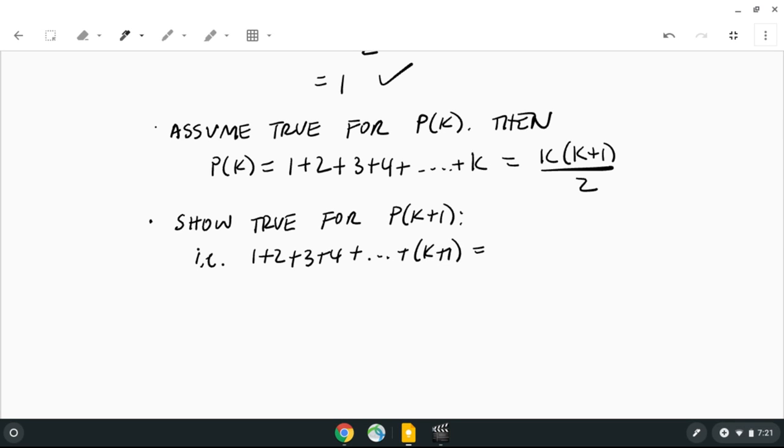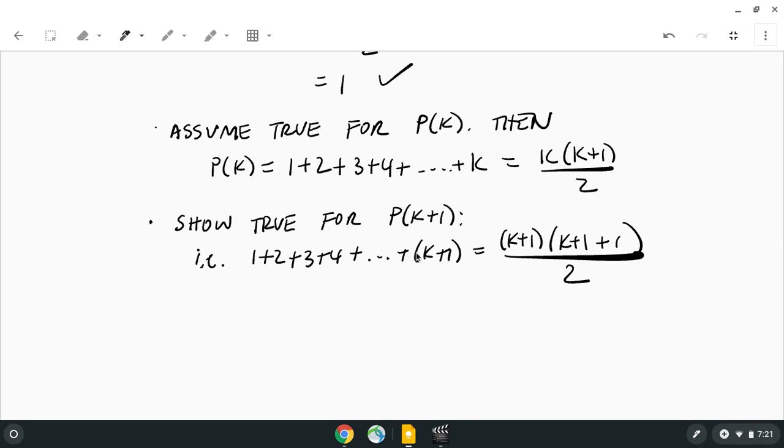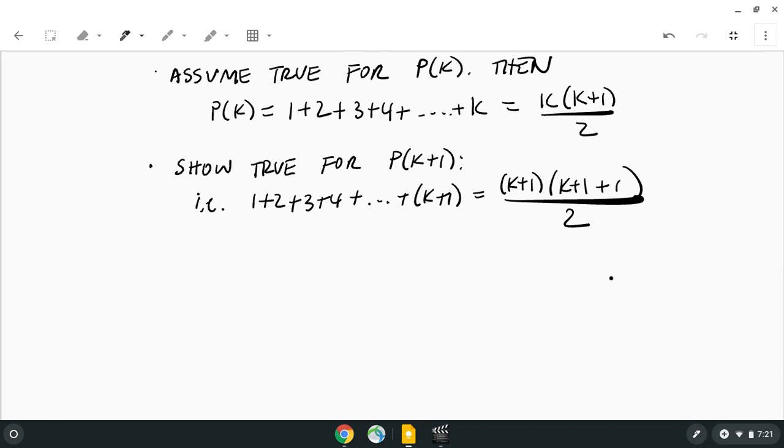Replace now all the n's with k plus 1. So I'm going to have a k plus 1 here and a k plus 1 over here, all over 2. This is what we need to show. We're going to start off with the left-hand side and work it until it looks like this.